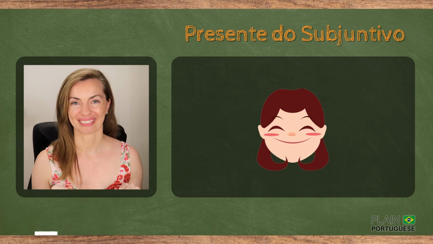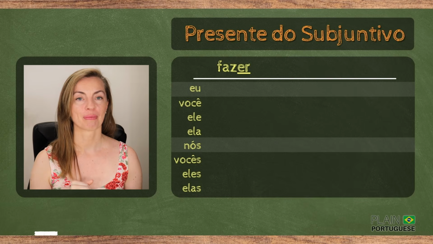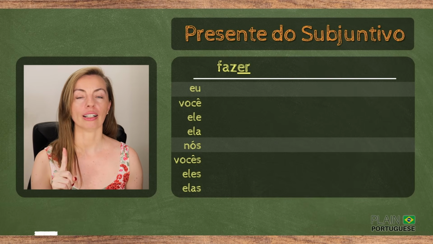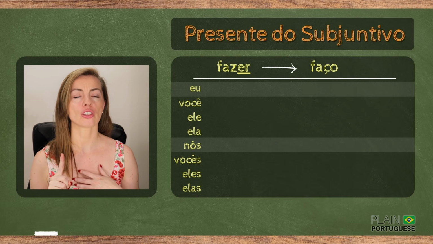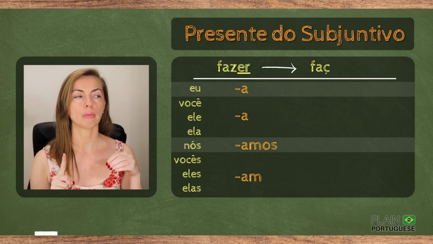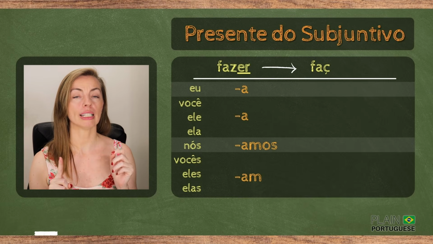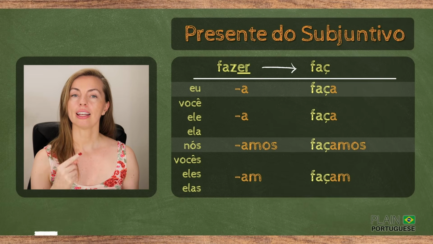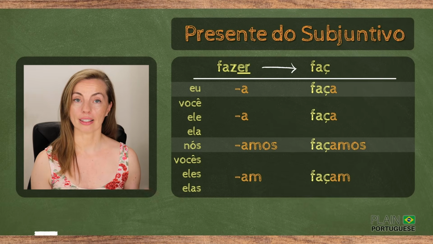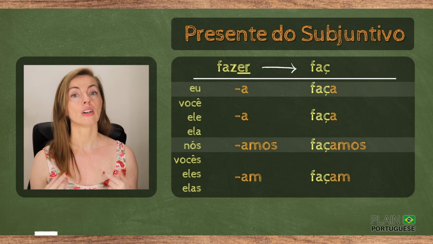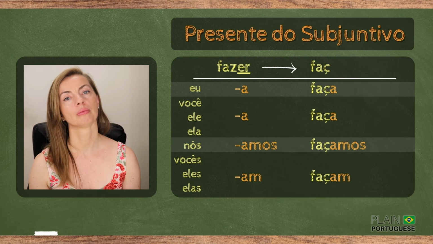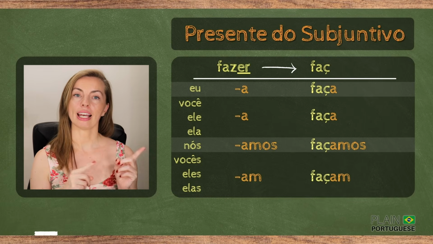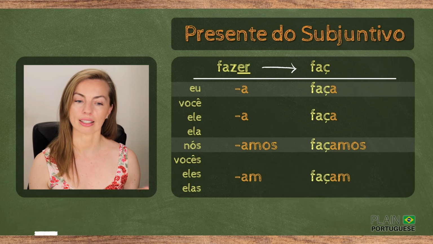Let's give it a try. Fazer. First person, present indicative, eu faço. Drop the final O, add the corresponding endings. Que eu faça, que você, que ele, que ela faça, que nós façamos, que vocês, que eles, que elas façam.